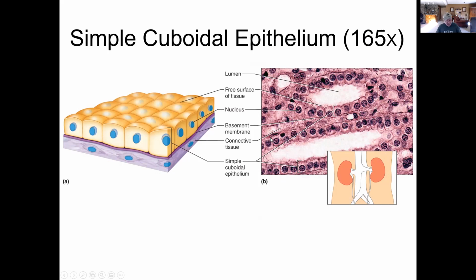The major function of simple cuboidal would be in secretion, absorption possibly, and protection. Because we have secretion of certain metabolic waste products that go into the formation of urine, but the kidneys also reabsorb water and other important electrolytes and glucose and other organic compounds that you don't want to void.